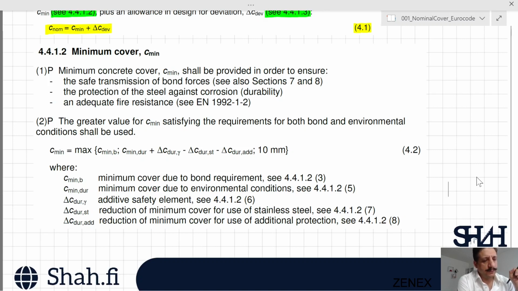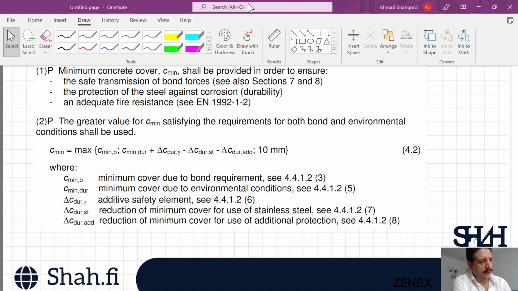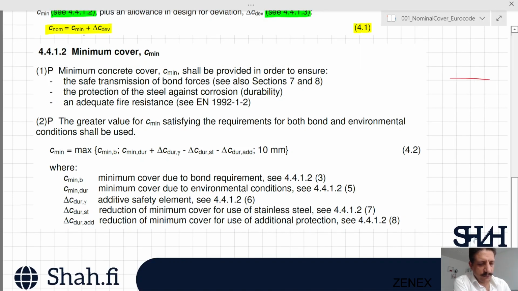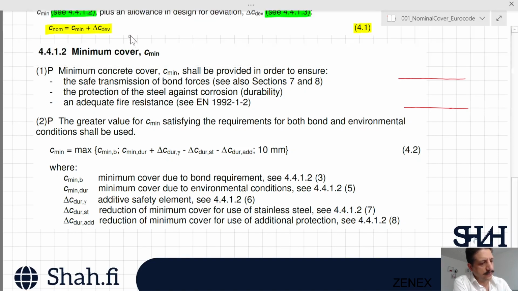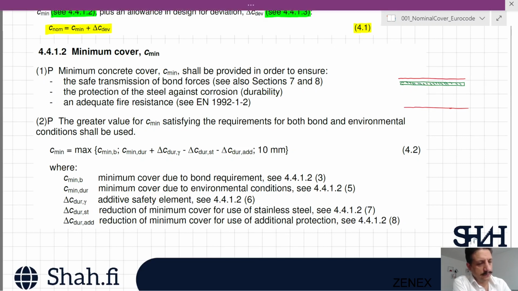Minimum concrete cover shall be provided in order to ensure the safe transmission of bond forces. So let me explain this a little bit, how it works. When we want to calculate the anchorage length of a reinforcement, if this is the concrete, assume that your longitudinal reinforcement is somewhere here, for example, and assume that this rebar is designed for tension.